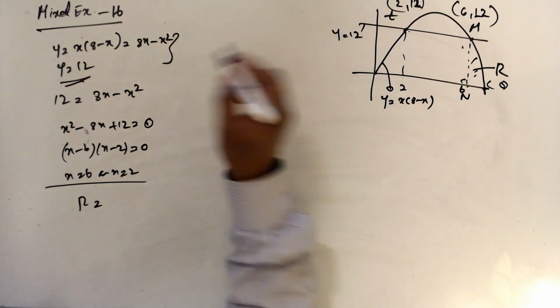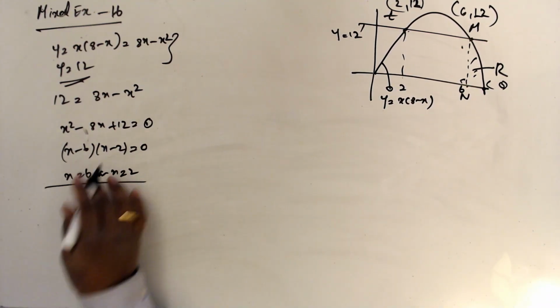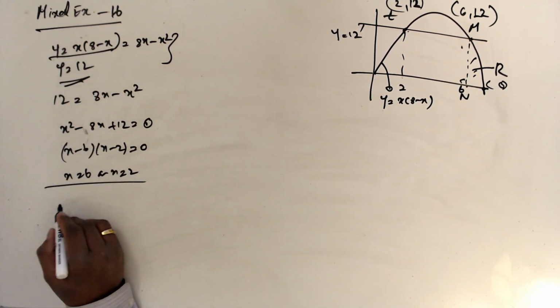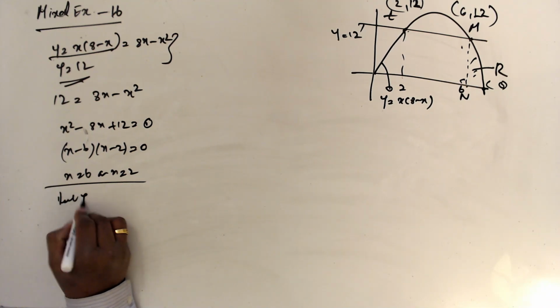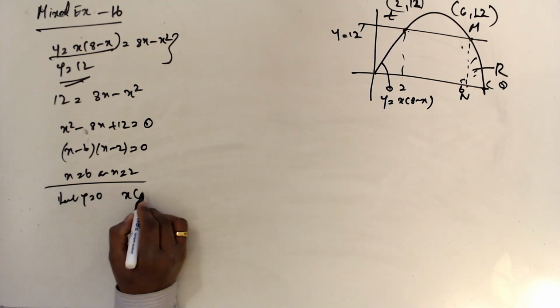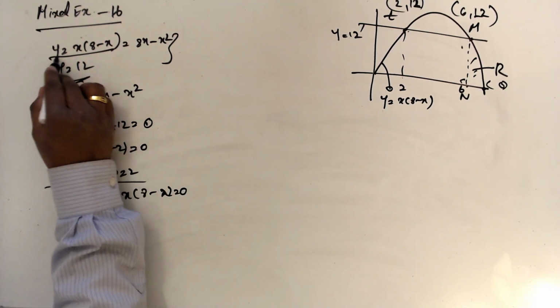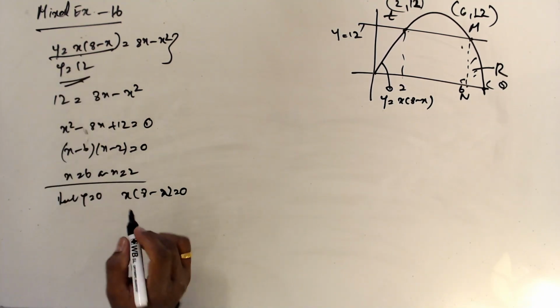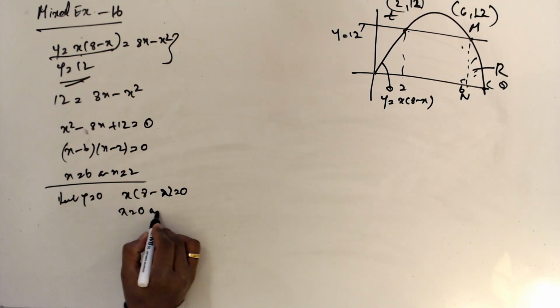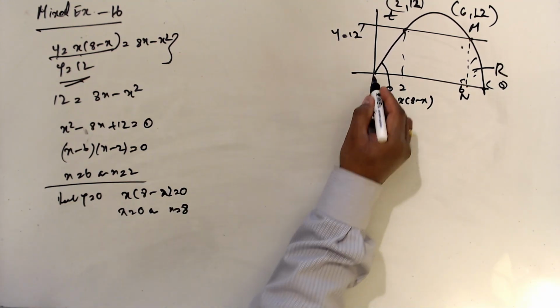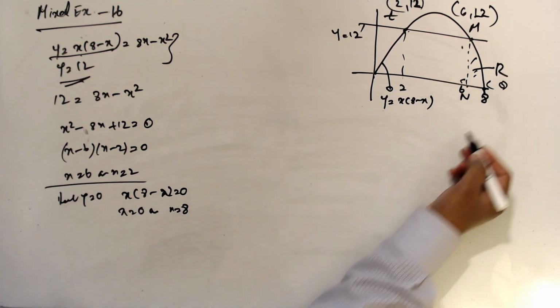So before that, I'll find from here, let y equal 0, then x times 8 minus x equals 0 on this equation when y equals 0. So x equals 0, x equals 8. So this is one and this is the other one.